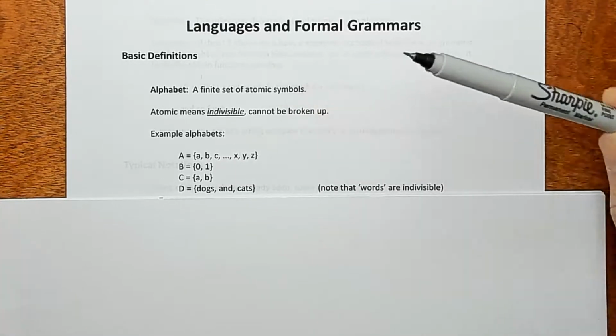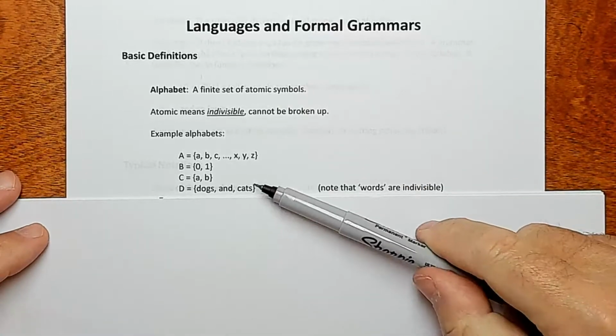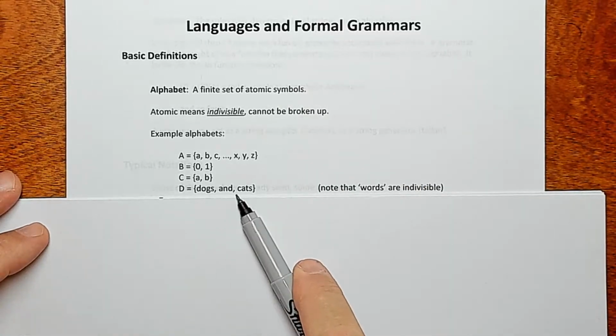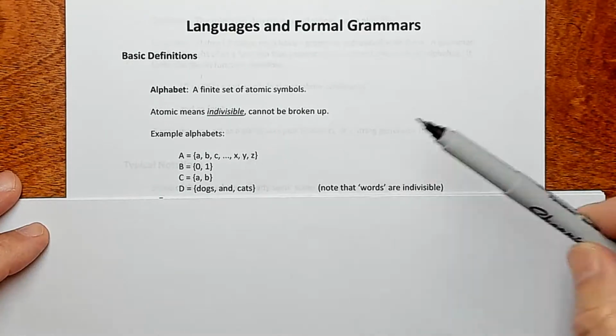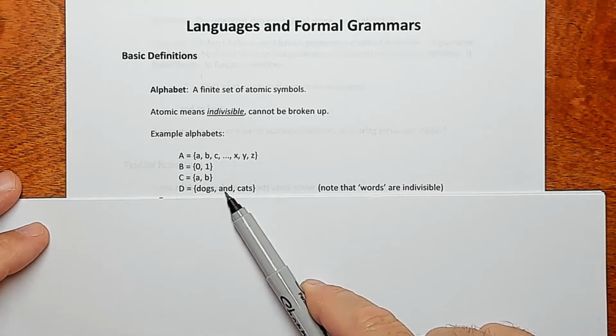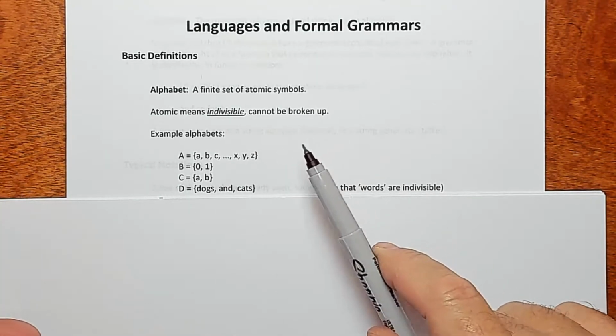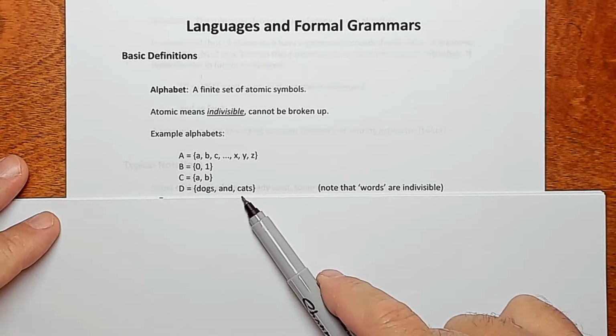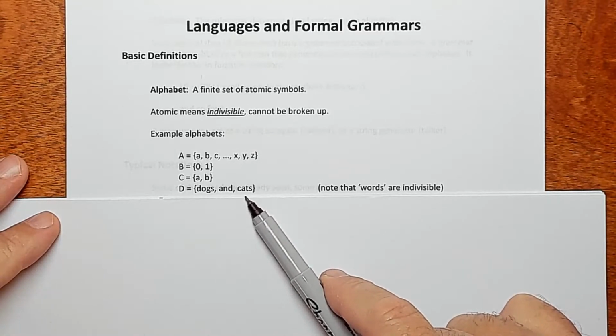But here's another alphabet. Now we're calling this an alphabet, although these are words, but they're indivisible, right? In English, words are indivisible, typically. You don't really break up cats into something smaller than that.